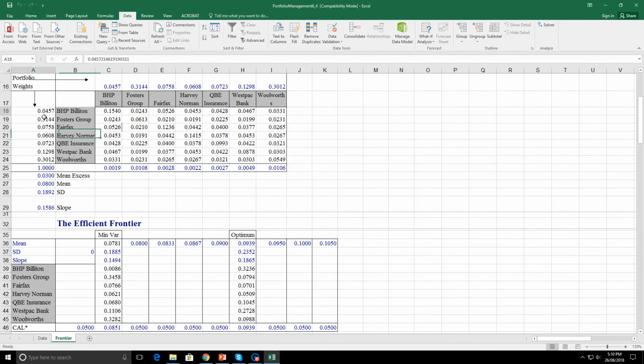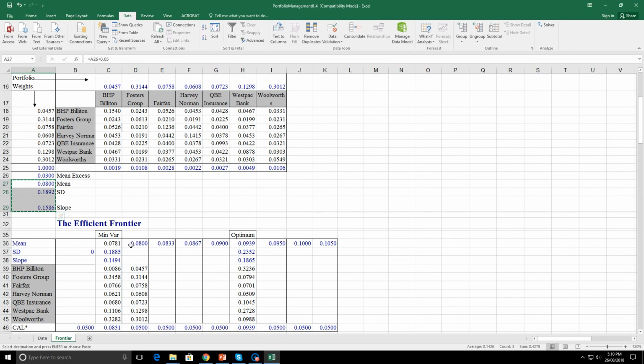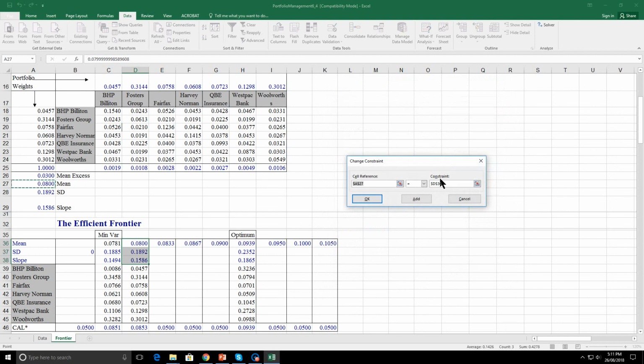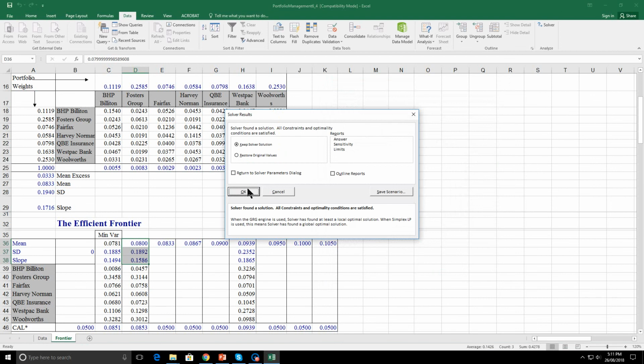Similarly, we copy the weights and paste them, and also we copy the other values and paste them here. So now we get these numbers in the same manner. I am doing it very quickly. Every time we need to change this, and we need to get the weights.